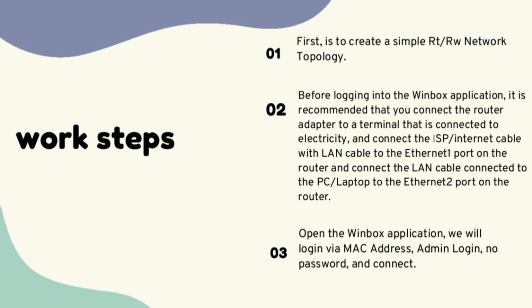Second, before logging into the Winbox application, it is recommended that you connect the router adapter to a terminal that is connected to electricity, and connect the ISP or internet cable with a LAN cable to the Ethernet 1 port on the router, and connect the LAN cable connected to the PC or laptop to the Ethernet 2 port on the router. Third, open the Winbox application.